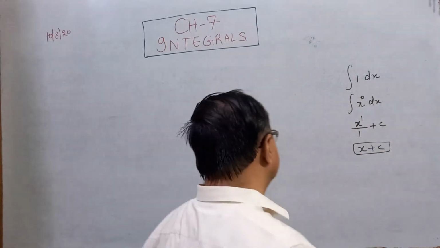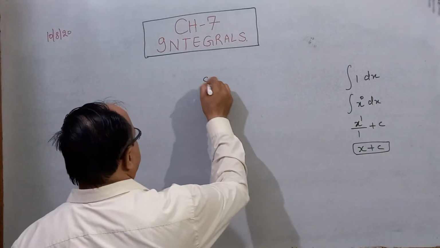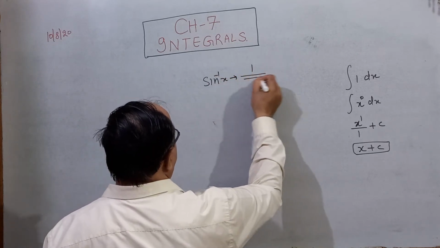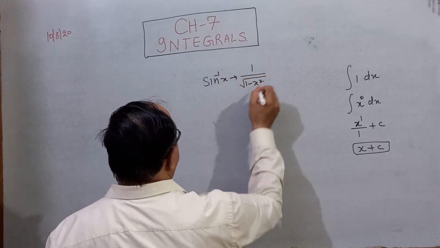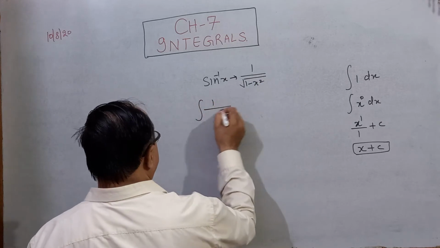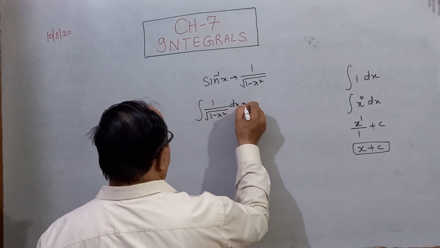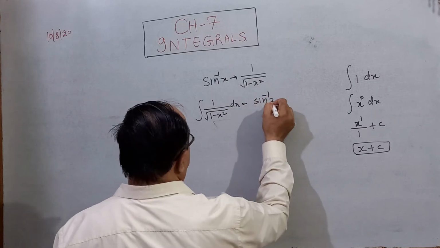You know that the derivative of sin inverse x is 1 upon root 1 minus x square, therefore the integration of 1 upon root 1 minus x square is sin inverse x plus c.